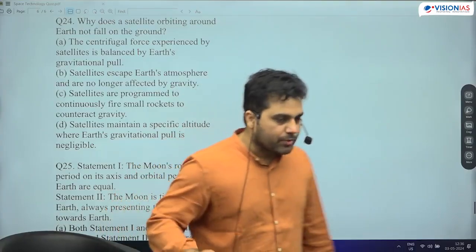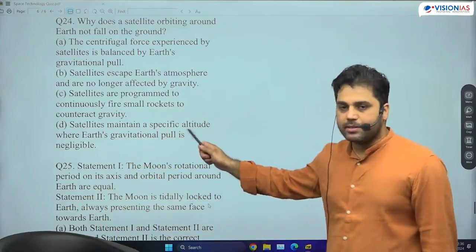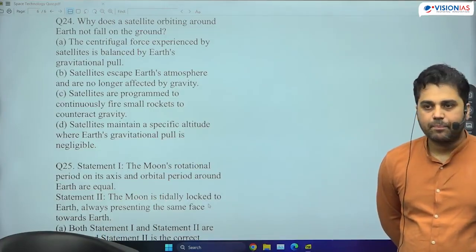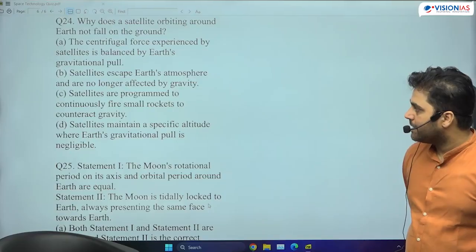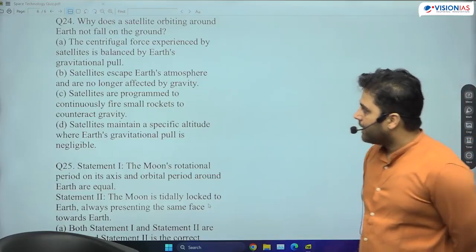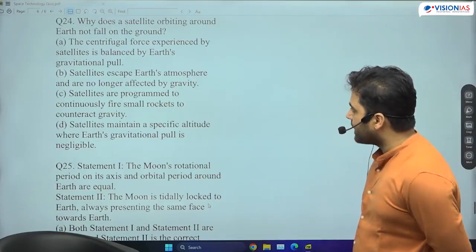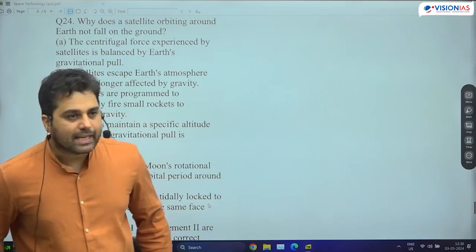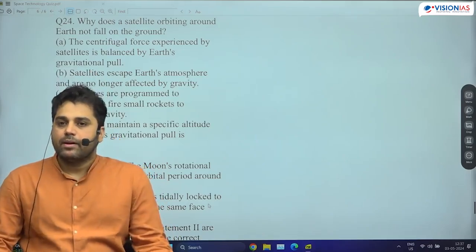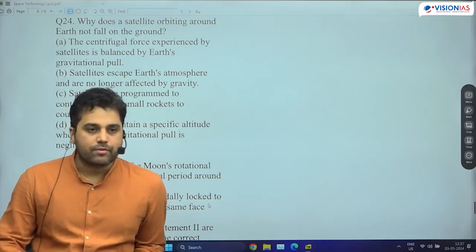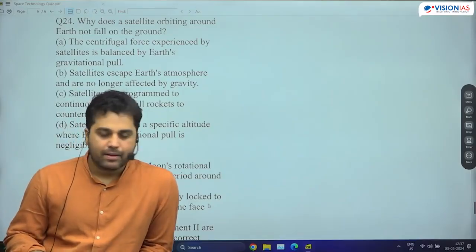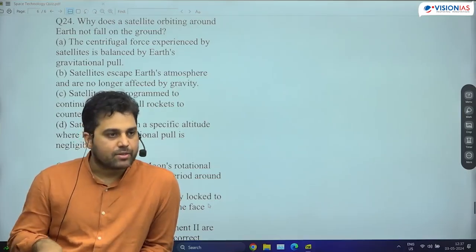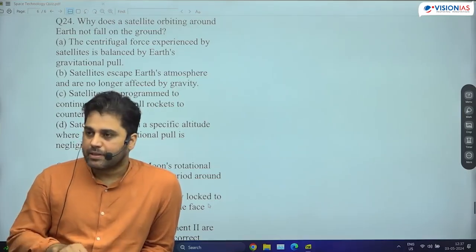A very similar question was asked by UPSC. I have just changed the options. What will the answer be here? Answer is A. Centrifugal force experienced by satellites is balanced by Earth's gravitational pull. I've just changed the statements a little bit. I'm now analyzing this motion from the perspective of the satellite. And the satellite in its own frame of reference is at rest. And for objects to be at rest, the net force is 0.